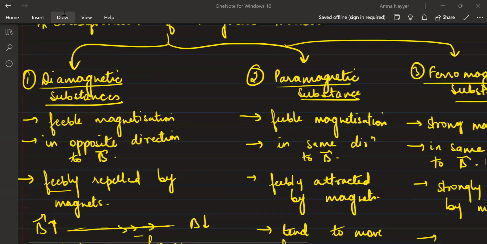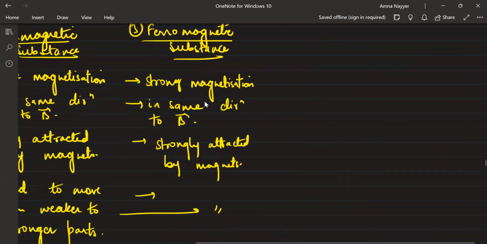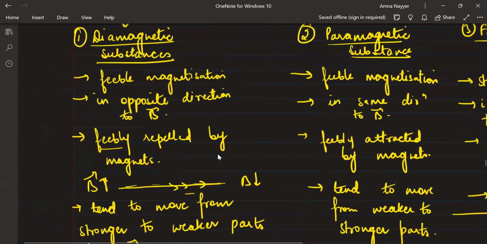They are basically weakly repelled. Feeble means weak, so they have very weak magnetization. Paramagnetic substances also have weak magnetization, but ferromagnetic substances have a very strong magnetization.